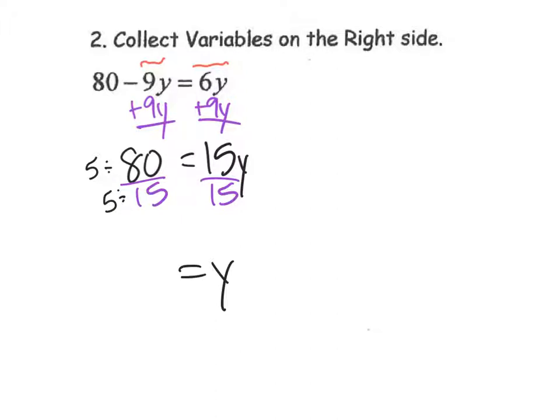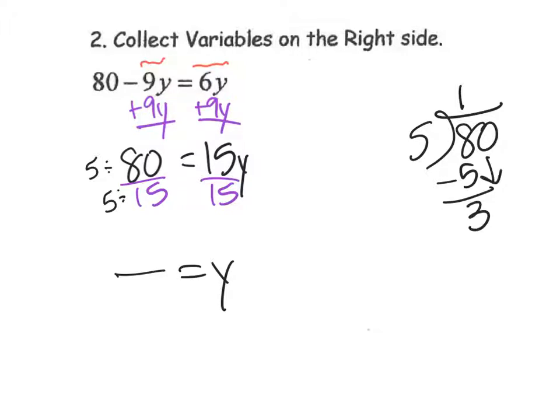Okay, what was 80 divided by 5? 16. How many times does 5 go into 15? 3. That can't reduce. We just leave it. Good.